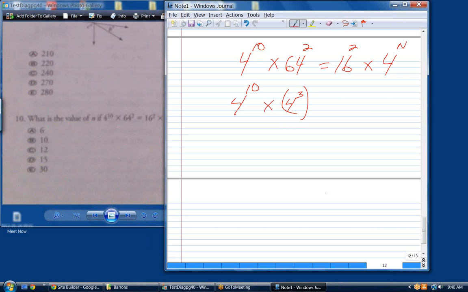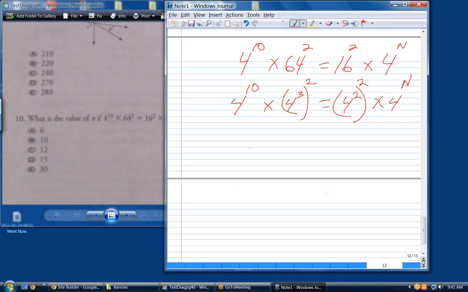In other words, we have to relate 64 in terms of 4. Not 16. In other words, we're going to convert all of these to 4s. So all I did was rewrite the number 64 as 4 cubed. And then 16 I'm going to write as 4 squared.